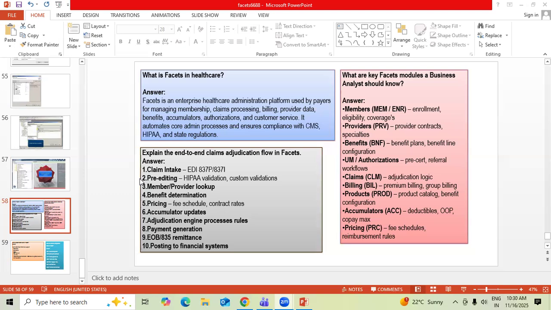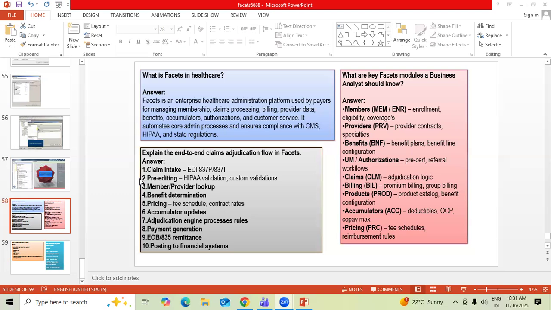At the same time, they have to manage claim processing and perform billing. They also have to manage the provider data for whoever is in their provider list, providers being the hospitals, clinics and so on, followed by the benefits they are going to provide, including accumulators, authorizations and customer service.